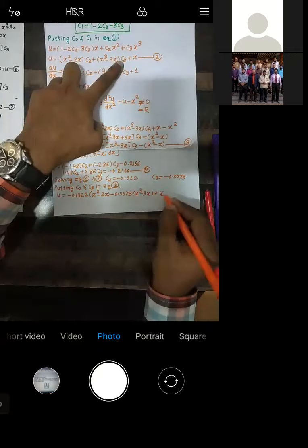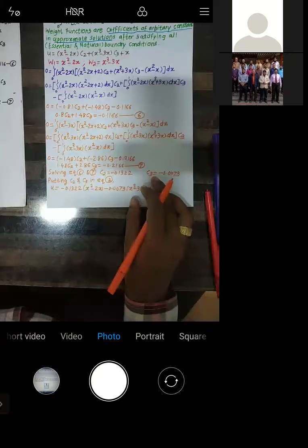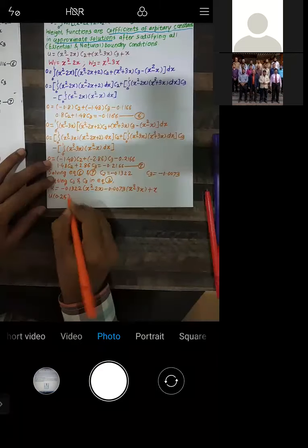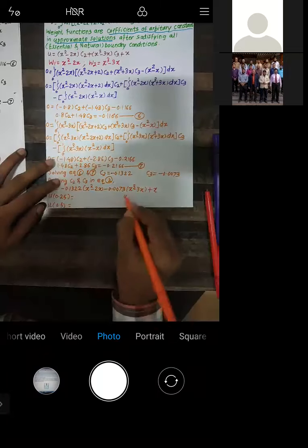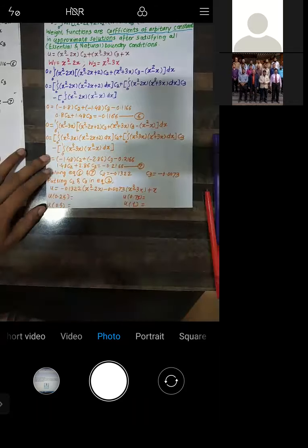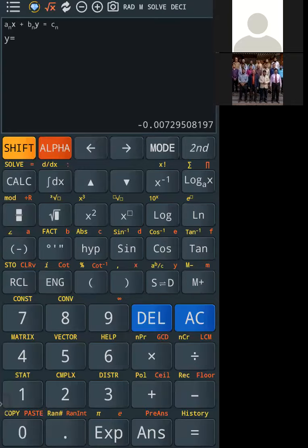Once I have this, I'll put x as 0.25, 0.5, 0.75, and 1. I'll quickly set this equation in the calculator, and then we can conclude this session.